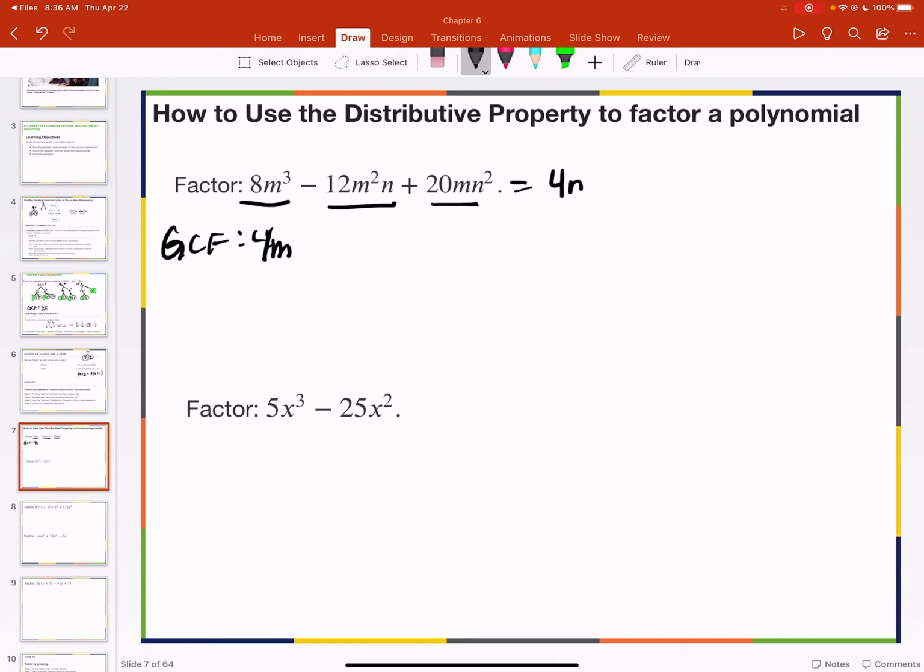I'm going to write 4m, and then inside the parentheses is 4m times what gives me 8m cubed. So that's 2m squared. Minus 4 times what gives me 12, 3. M times what will give me m squared, and then there's an n, so I have to consider that. And then plus, another way to think of it is 4mn squared.